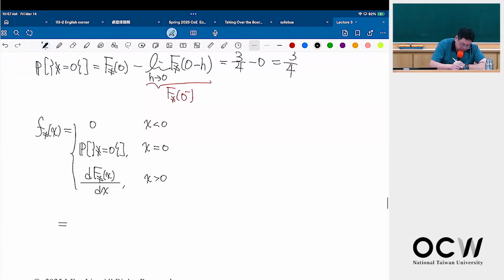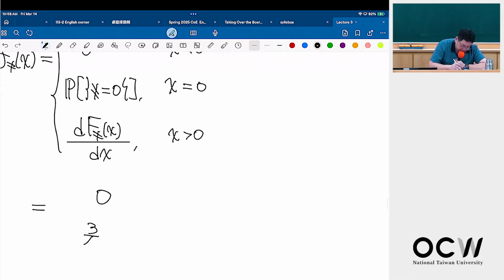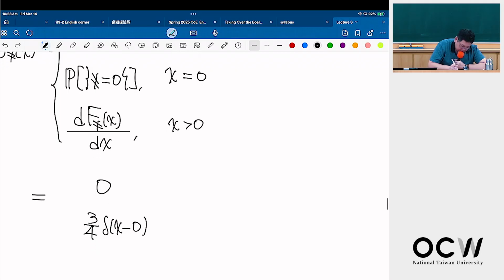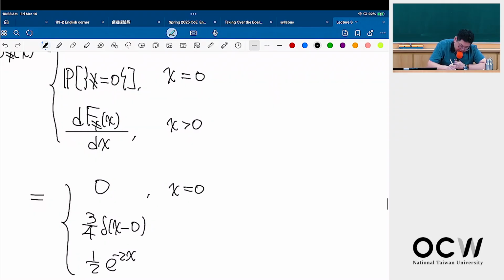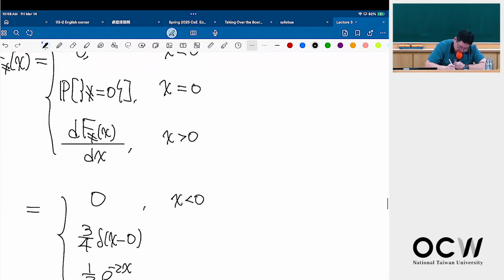So it should be 0. And when x equals 0, that should be 3/4 times the delta function. For x less than 0, it is 0. When x equals 0, that will be 3/4.